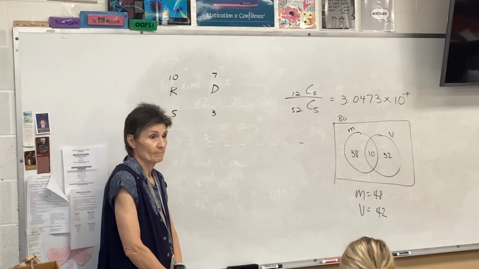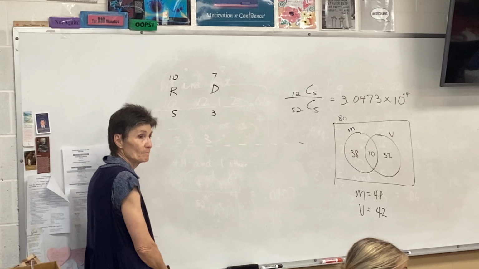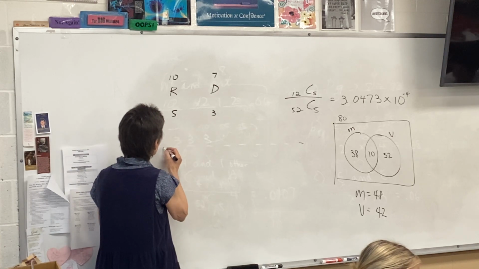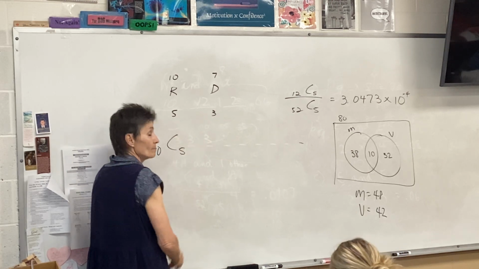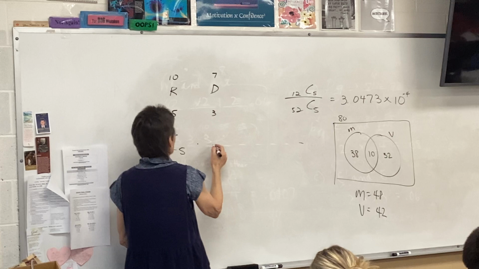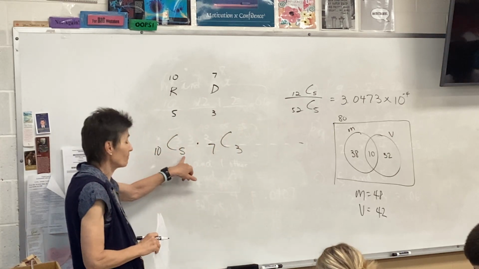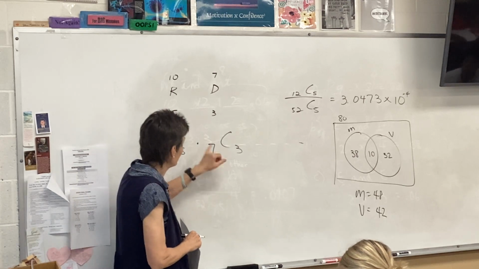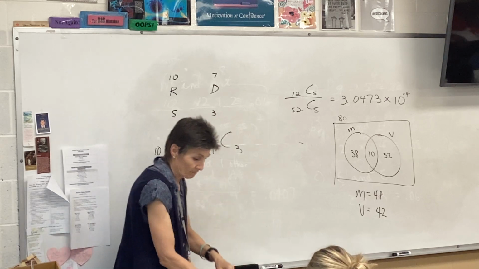What do you think? Ava, you're typing away. What are you typing away back there? It's 10C5, and 7C3, and they're times each other. Because we're picking 5 out of the Republican pile and 3 out of the Democrat pile.